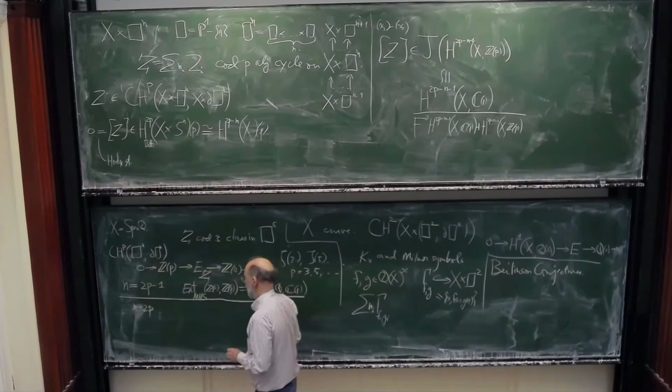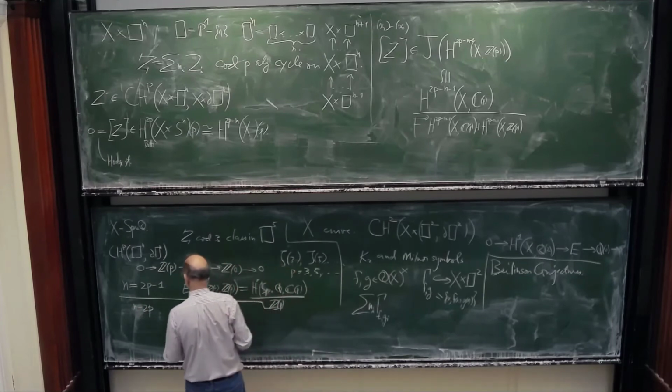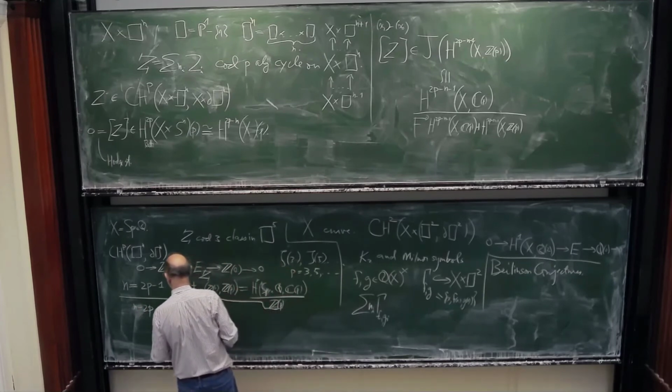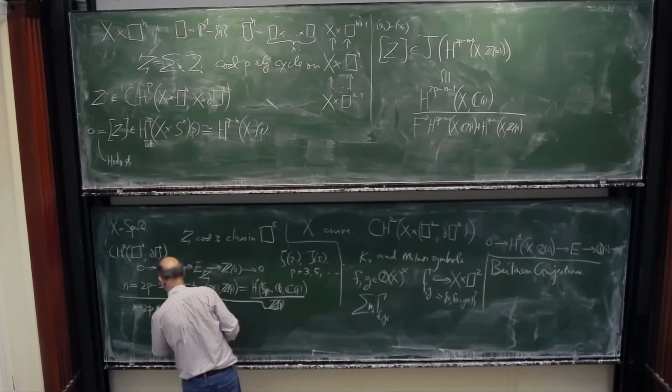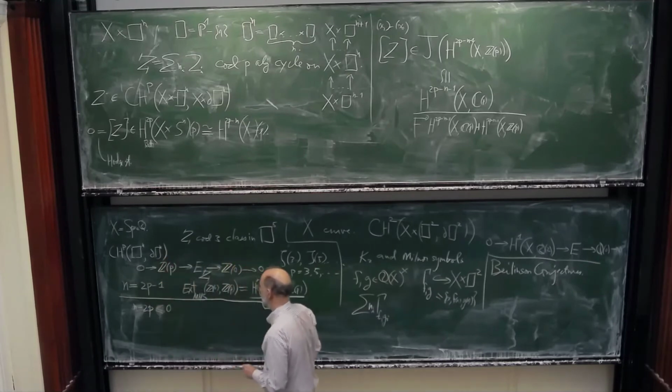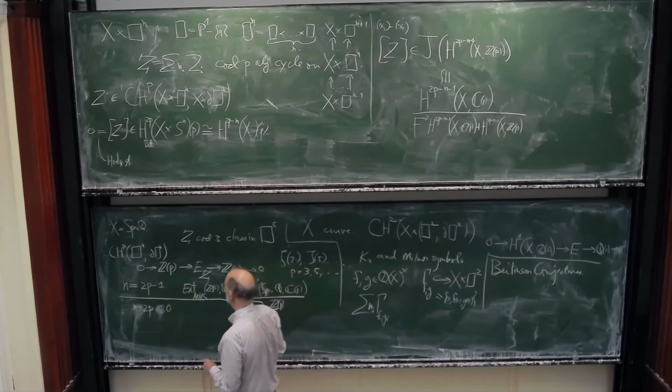And if n minus 2p, as a first approximation, we want it to be less than or equal to 0. N minus 2p, sorry.